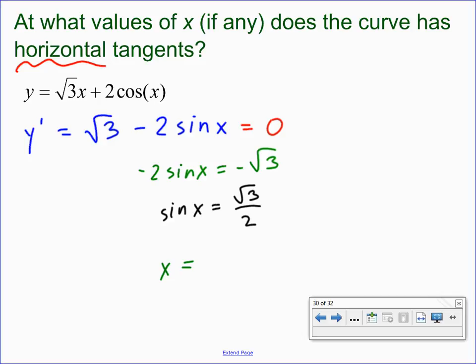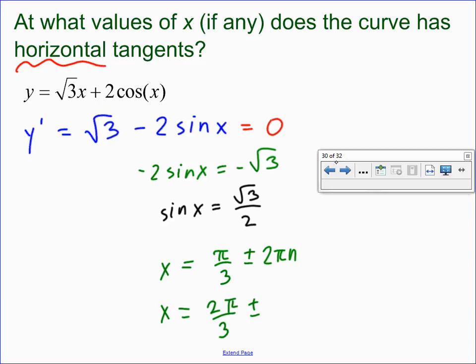So we could write this generalized in two different ways. We could say that x equals pi over 3 plus or minus 2 pi n, and x equals 2 pi over 3 plus or minus 2 pi n for integer n, forever and ever in both directions.